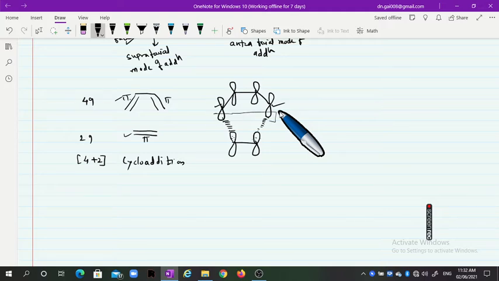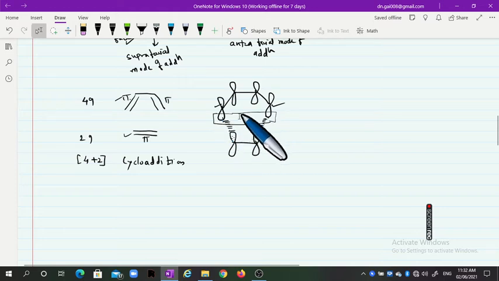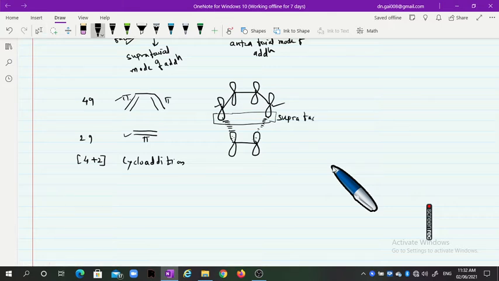Both of these lobes are from the below lobe, therefore this is suprafacial. That is the same face addition to the other unsaturated system.